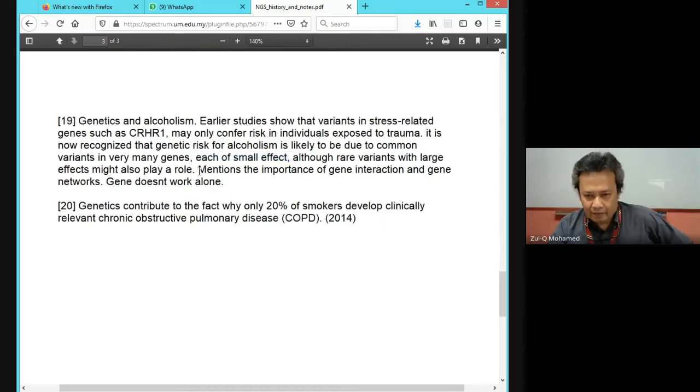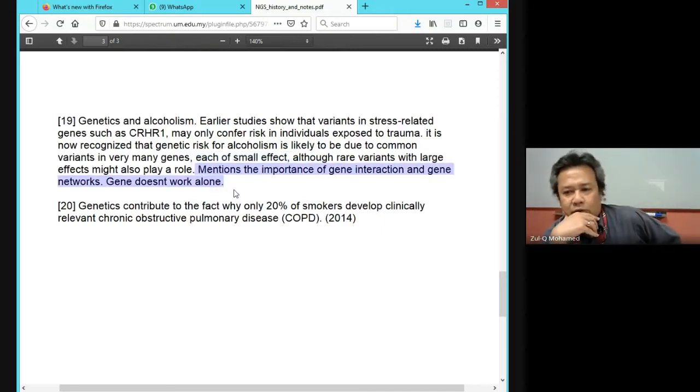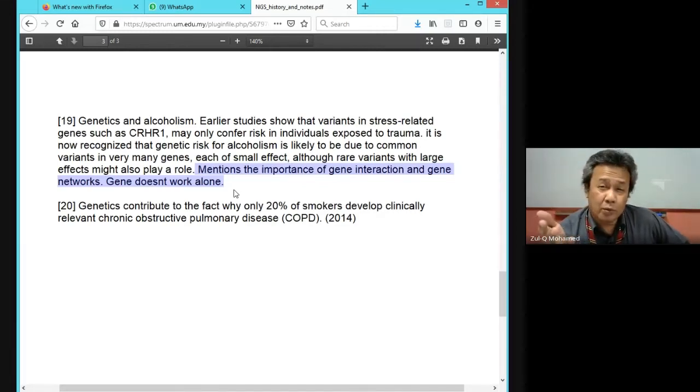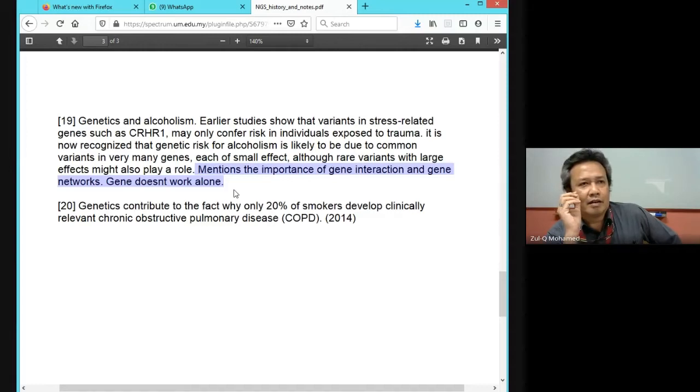Now, this has been going on for a while, gene interaction. In fact, there was a time when people started questioning whether there is any such thing as single gene disorders. When we do linkage studies, pairwise, when we study dominance, when we're talking about Mendelian disorders, all of that specifically refers to single gene disorders.